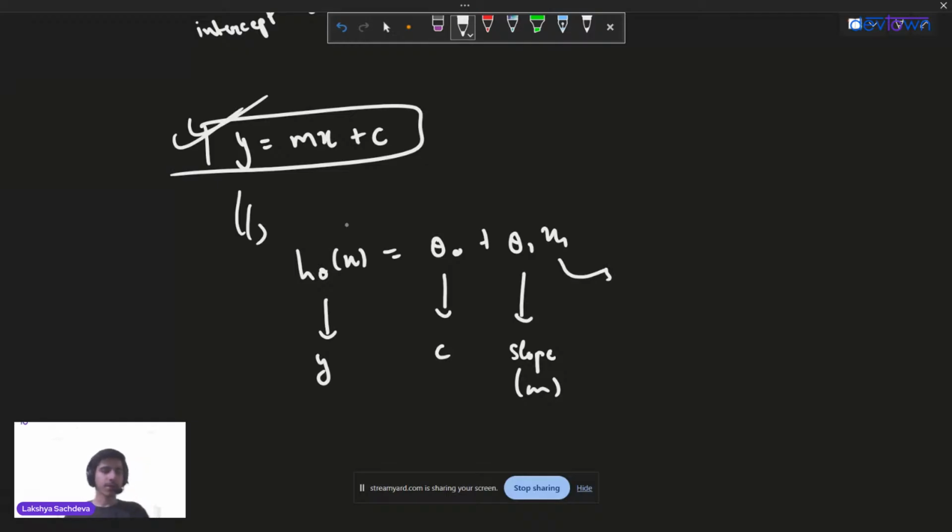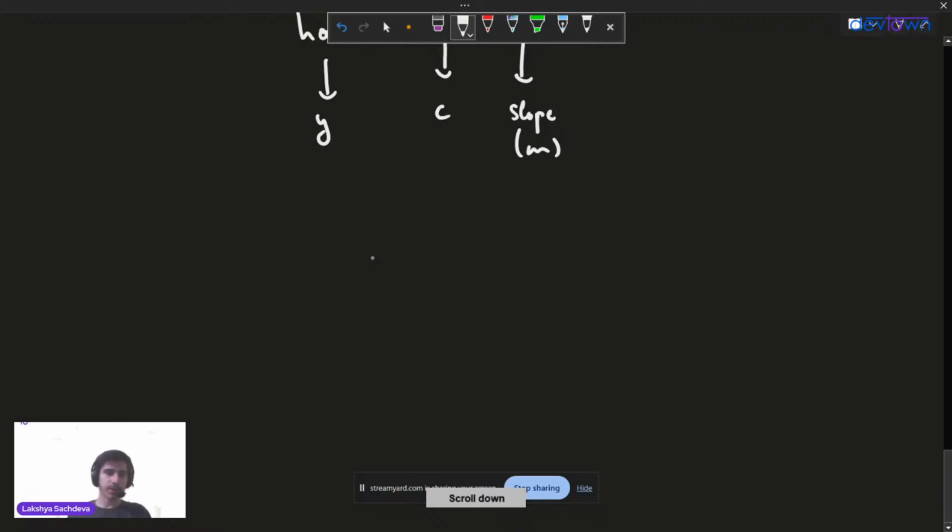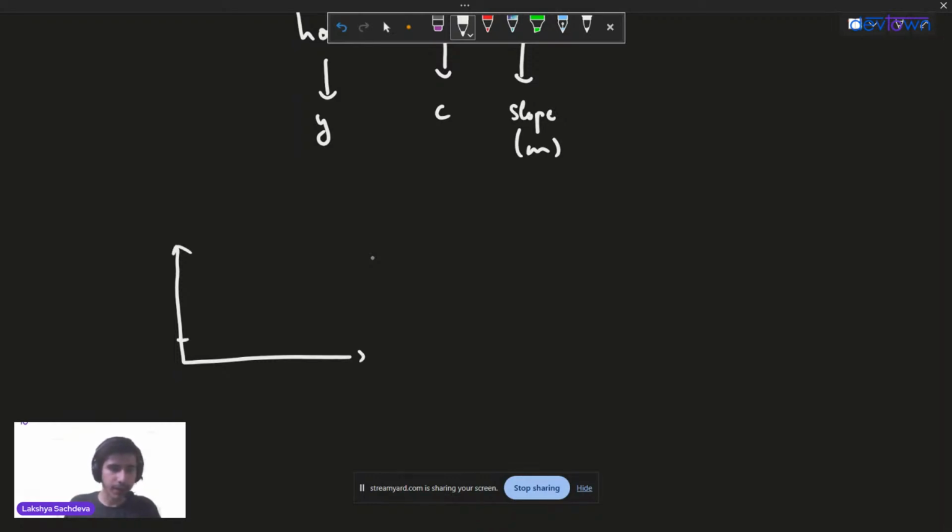Let's take an example. Suppose this is a graph, and I am going to take some values as 1, 2, 3 and again 1, 2, 3.